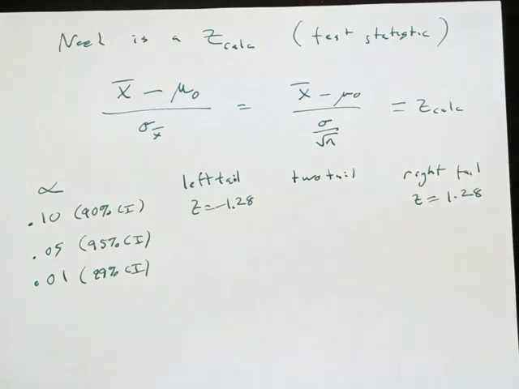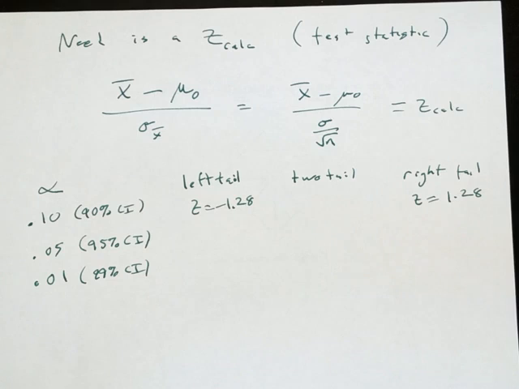Now, if it's two-tail, then I don't need the area to be 0.1. I need the area to be 0.05. Find me the area closest to 0.05. Clearly, that's going to be a number that's more negative than negative 1.28 because we want a smaller area. We're shifting further to the left. Aha!